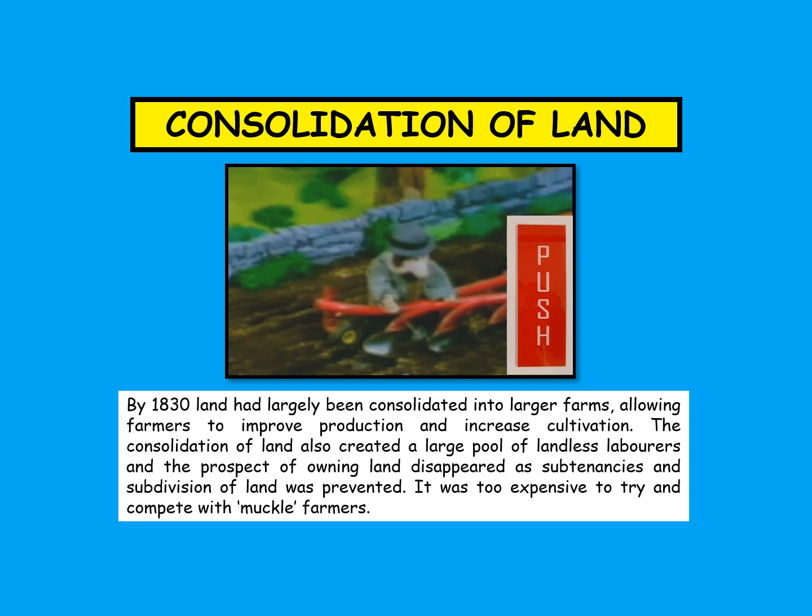However, what it did do is it creates a pool of landless labourers. So rather than being someone that could actually maybe afford land, because that land is now part of this big collective farming area, they can't actually own that land themselves any longer, so they are able to work on the land but not own it. And any prospect of future owning land, which was something maybe people would work for their whole lives to be able to buy, pretty much just disappears.